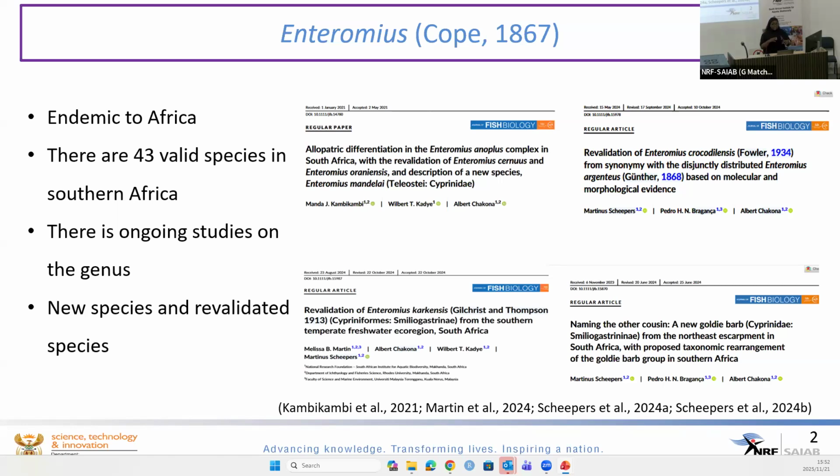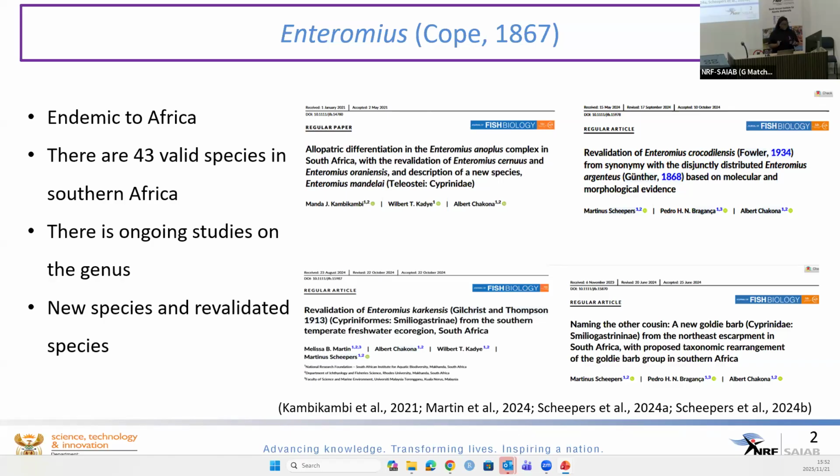Some recent studies have revalidated species like Enteromius crocodilensis, and also described new species like Enteromius nichen. So there is evidence that many of these species within this genus harbor undocumented diversity.